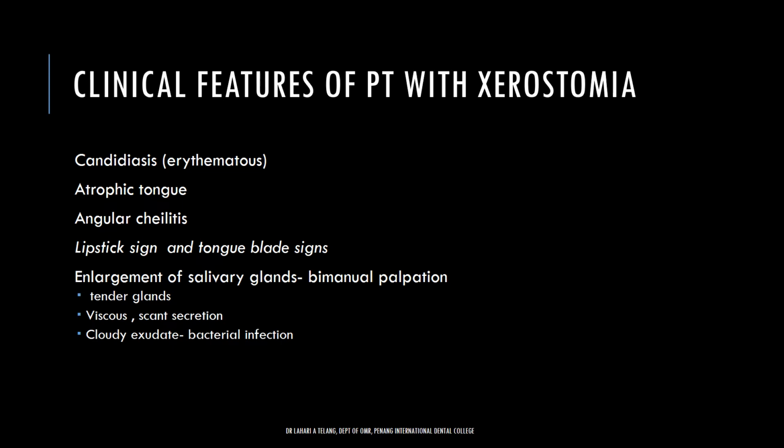Also, there could be atrophic areas on the tongue, angular cheilitis, which happens due to dryness of the oral cavity, and red areas in the corner of the mouth. Lipstick sign and tongue blade sign, we'll look at these in the pictures that are going to be shown in the next slide. And enlargement of salivary glands, which can be seen by bimanual palpation.